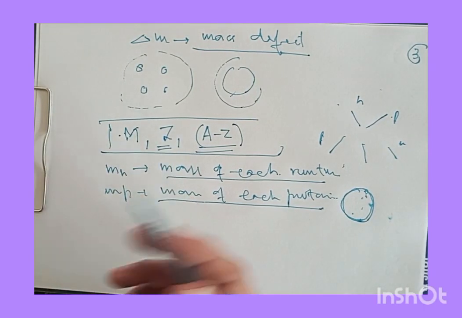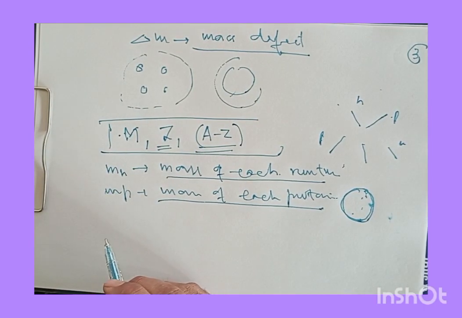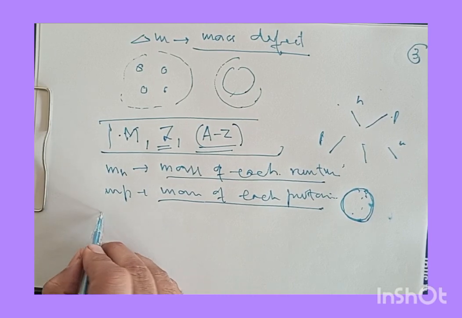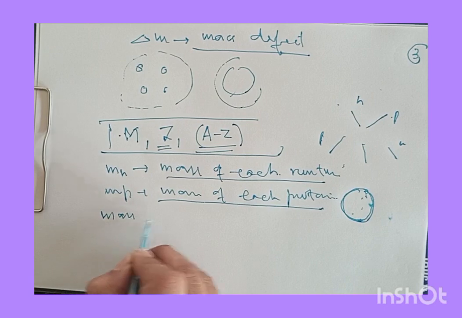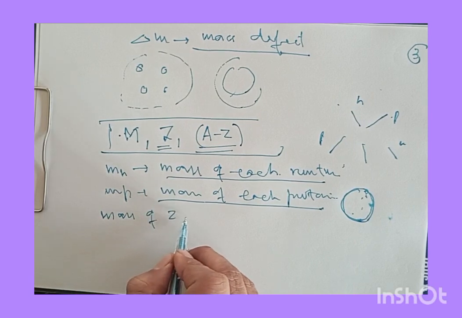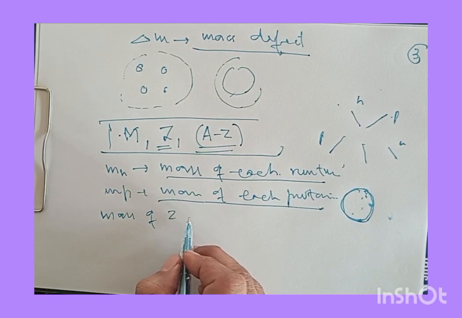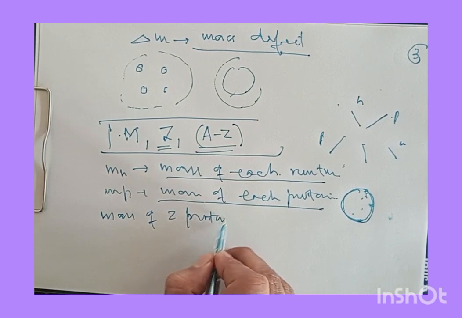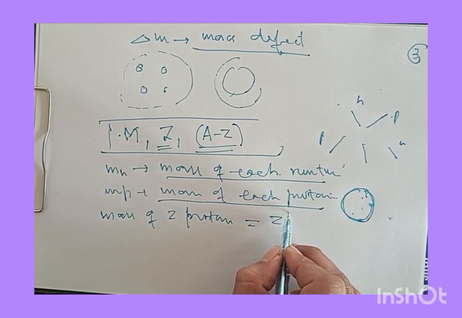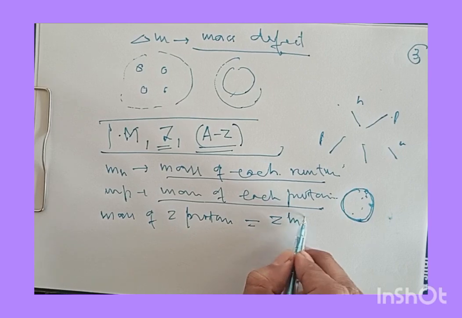So atomic number here automatically means number of protons. So what will be the mass of Z protons? Because there are only Z number of protons, that will be Z mp.